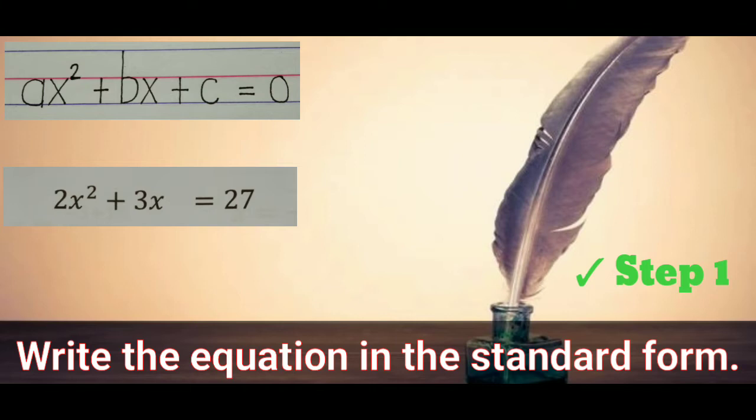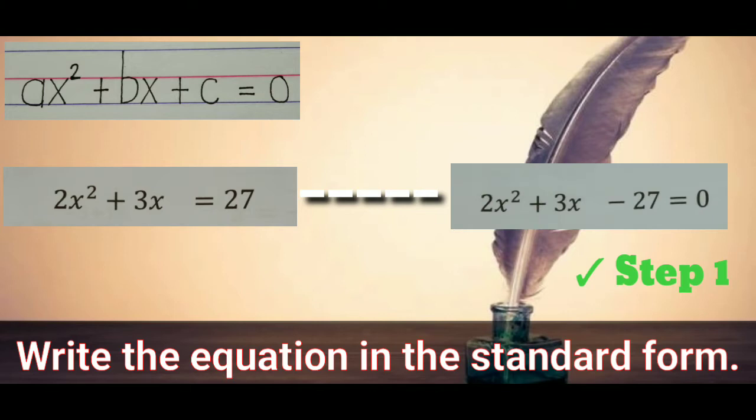All we have to do is to transform it into the standard form, and so it will become 2x squared plus 3x minus 27 equals 0. It becomes negative 27 because we transferred 27 to the other side across the equals, and so positive 27 becomes negative 27.